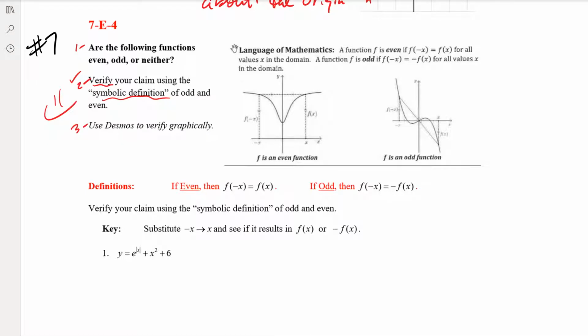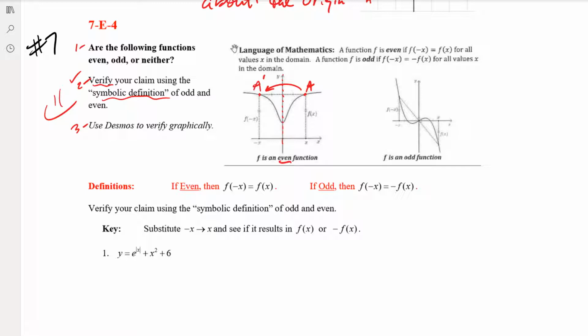We know from prior lessons that if a function's even, then if you substitute negative x in for x and you get the original function, it's even. Why is that? Here's the y-axis, and notice that A gets reflected over the y-axis to A prime, so it's even.